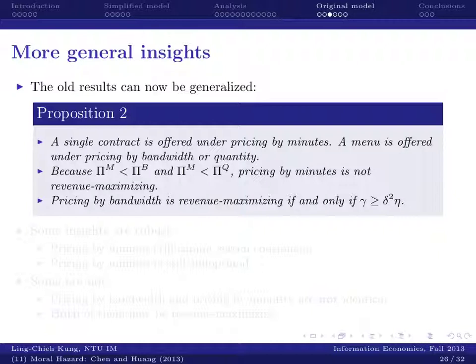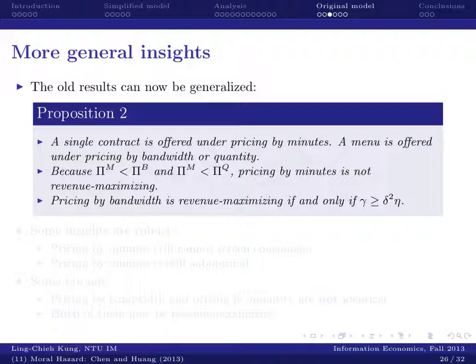Okay, so now let's revise proposition 1 into this more general idea. Again, we found something that is still the same. Pricing by minutes, you will offer a single contract. If you price by bandwidth or quantity, you're going to offer a menu. Oh, before we look at something else, let's think about why this is true.